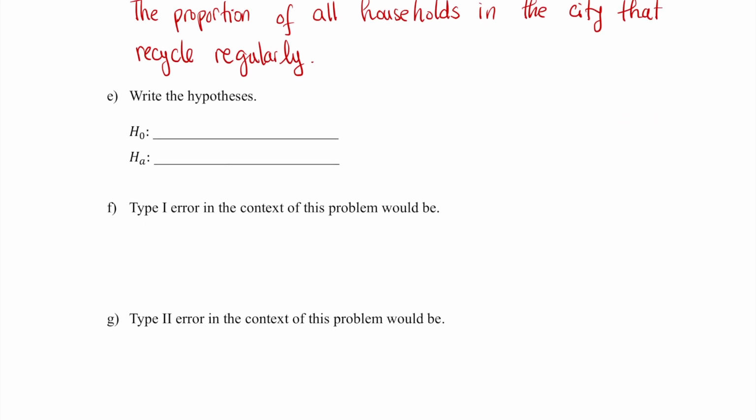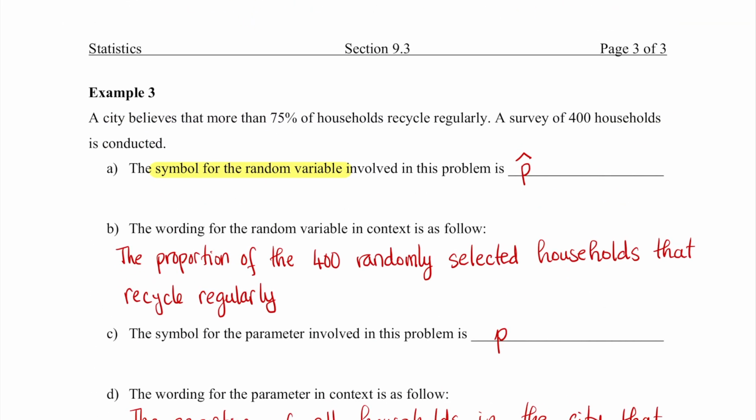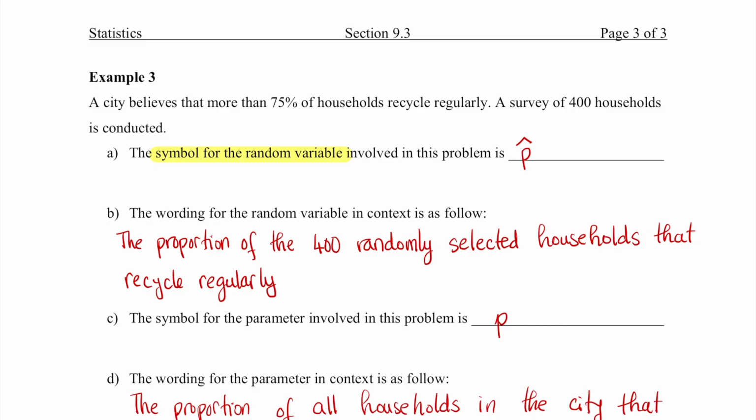Question E asks for the hypotheses. We want H naught and HA for this problem. Let's look at the problem. A city believes that more than 75% of households recycle regularly. More than 75%. That means p is greater than 0.75.